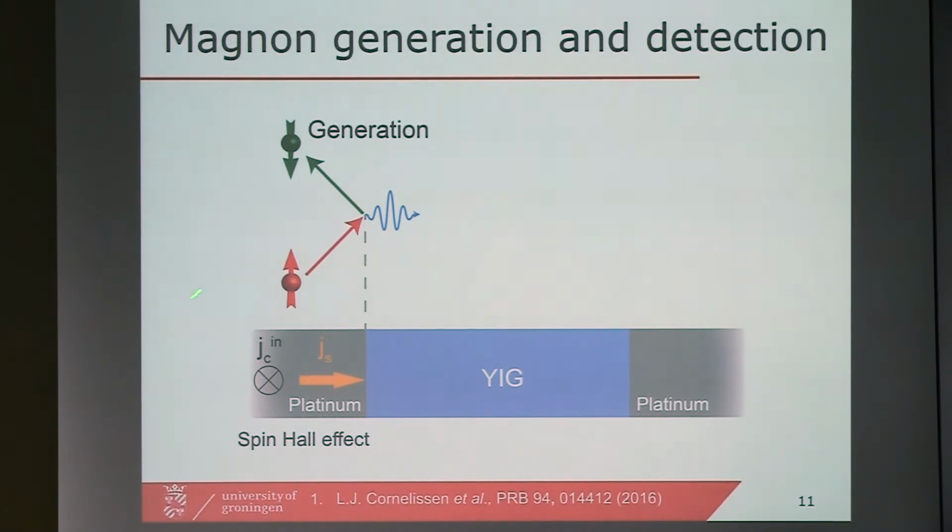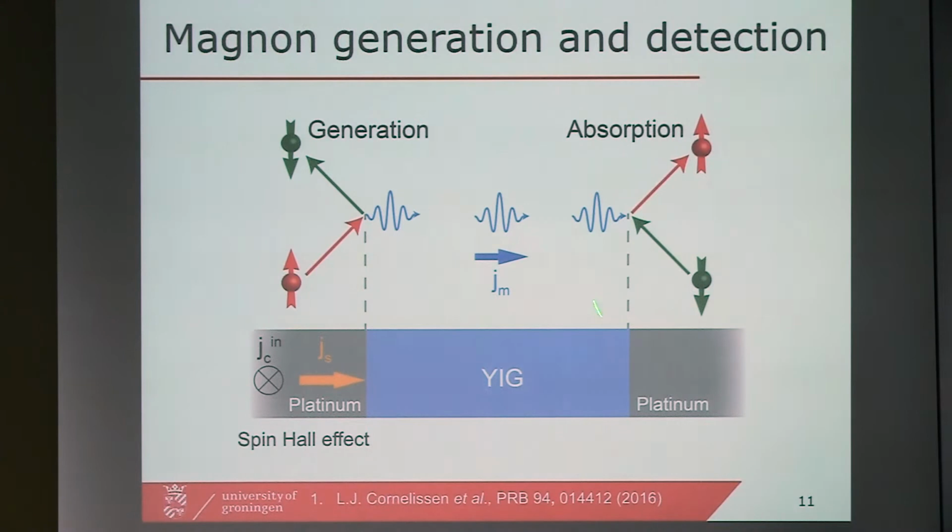But what happens at the interface is that the electrons have to scatter back, and in doing so, there's a finite probability that they will flip their spin. So a spin up gets scattered into a spin down electron, and this difference in spin is then transferred into the YIG as a magnon. The magnons then diffuse in the YIG until they reach the other interface where the opposite process happens.